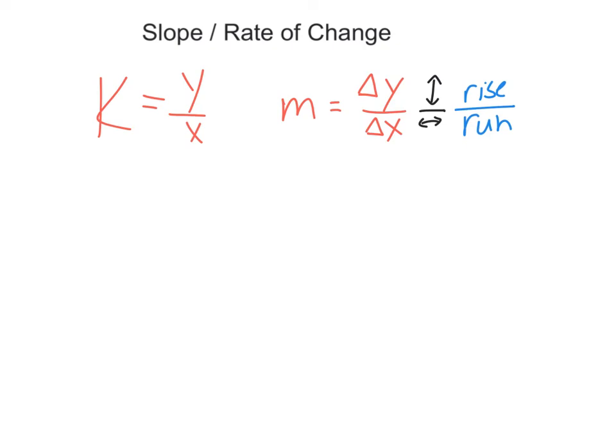All I would have to do is say, okay, first I need my rise. It went up so many spots. We'll say 2. And then it ran so many spots. We'll say 5. All right? So my slope for this line would be 2 over 5. That's it. How much it went up versus how much it went over.